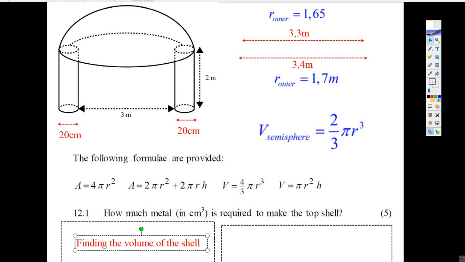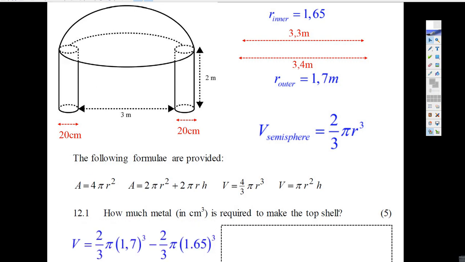You could stop the video and think about what you do. What you should do is find the volume of the big one and subtract the volume of the small one. Now look at this. There's the big one, 2/3 pi r cubed. There's the smaller one. If I subtract, I'll get the amount of metal that you need.